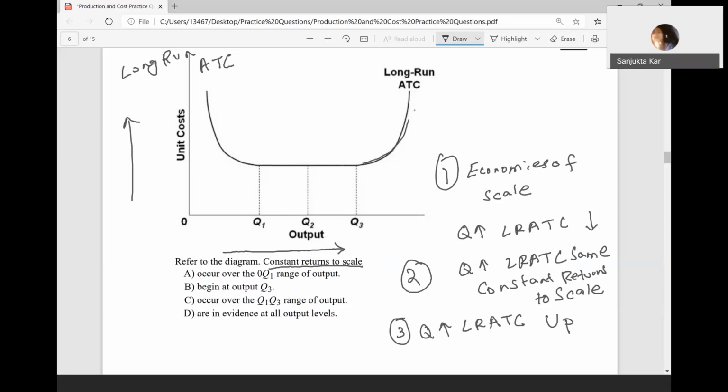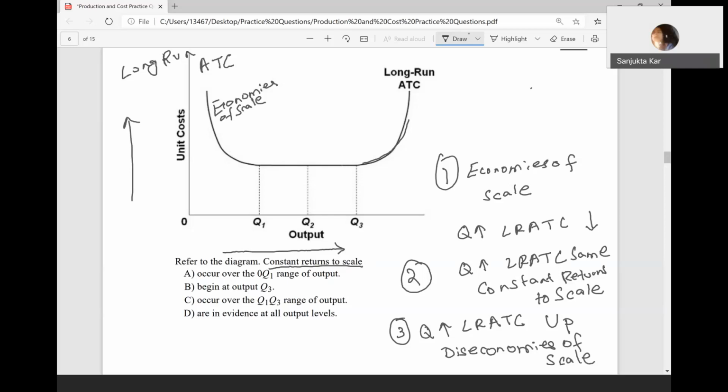This part is called the diseconomies of scale. So this part here, where the long run average total cost is going down, I have economies of scale.